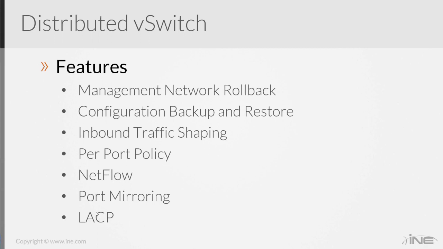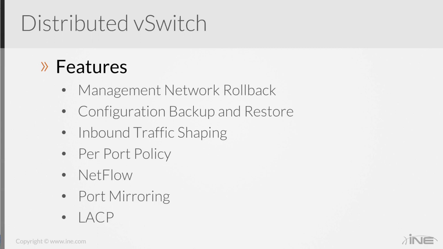Third in our list here, we have inbound traffic shaping. So let's recall when we discussed our standard vSwitches, we were presented with the capability of doing outbound traffic shaping. With our distributed vSwitch, we could do outbound and inbound traffic shaping. So our distributed port groups can be configured to throttle the aggregate bandwidth inbound to our vSwitch.